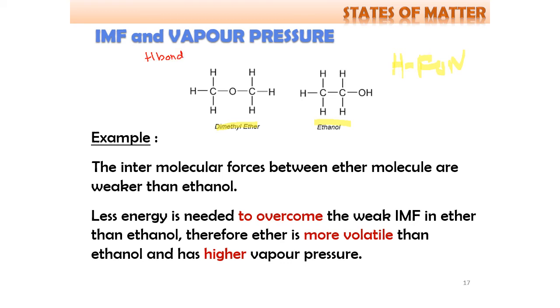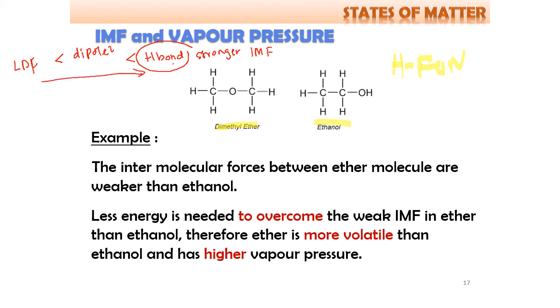Hydrogen bond is stronger compared to dipole-dipole and stronger than London dispersion forces. Okay, so for a molecule that has hydrogen bond, it will have stronger IMF, ataupun strongest if you compare between these three lah. Okay, this is the strongest.